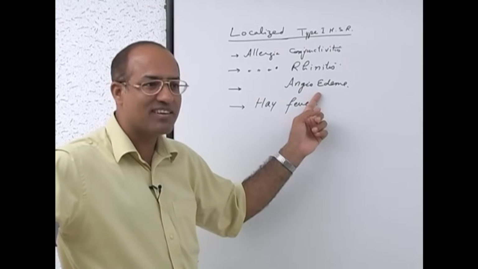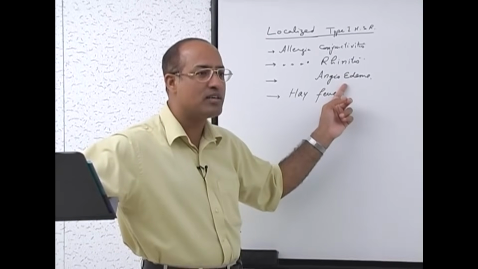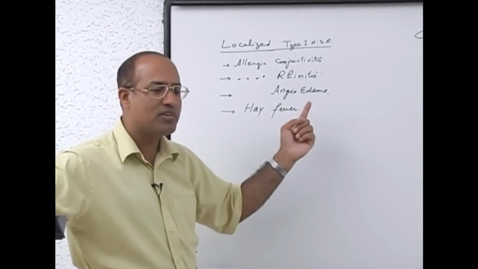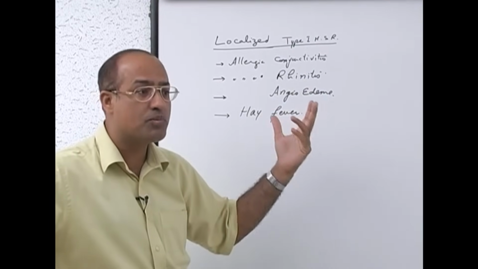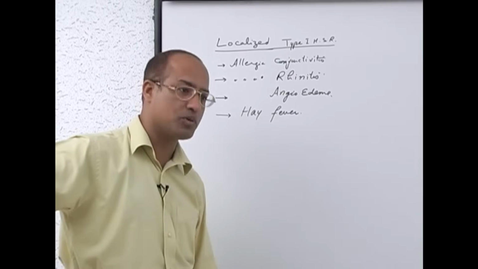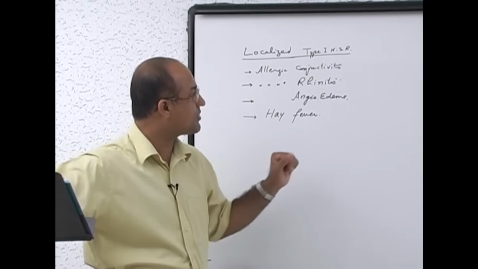Then angioedema is really bad because of the severe swelling of the lips, the fleshy margins around the oral cavity, right? Swelling of sometimes the oral mucosa, but most importantly in angioedema, there may be life-threatening swelling of laryngeal mucosa, right? And that laryngeal swelling may lead to a life-threatening situation.